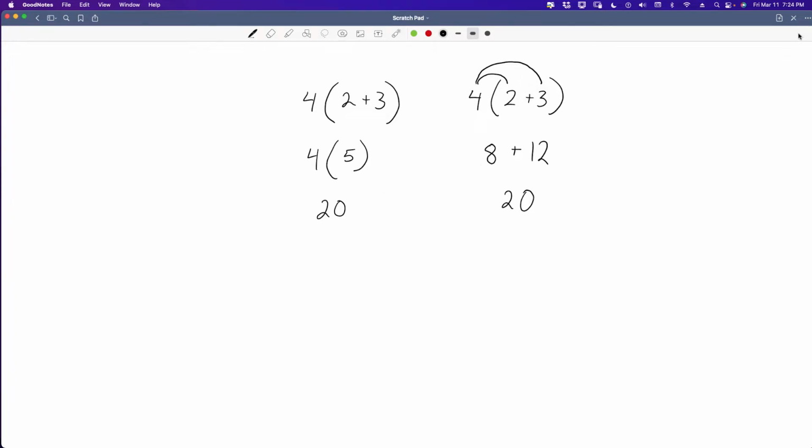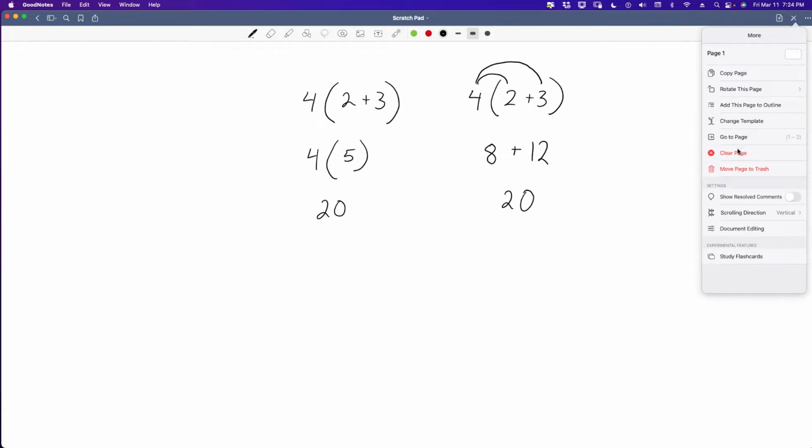Let's try another problem. What if I were to do some subtraction? So let's try 3 times 5 minus 2. I'm going to write it again over here, 3 times 5 minus 2. Let's try it again. So 5 minus 2 is 3, so 3 times 3 would be 9.